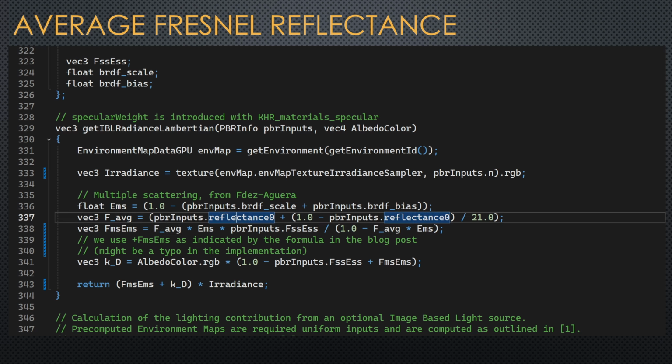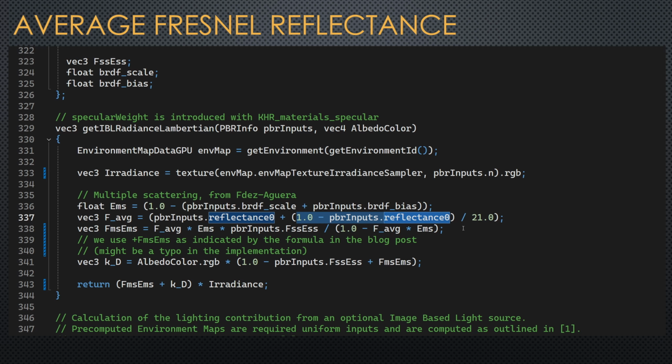Reflectance 0 is the base Fresnel reflectance at normal incidence. This is usually 0.04 for dielectrics and close to 1 for metals. Since the Fresnel effect increases at grazing angles, subtracting reflectance 0 from 1 gives us the potential of this increase. Basically, the remainder.